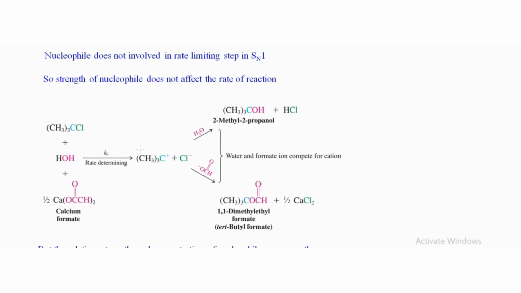So this is the tertiary alkyl halide, in the presence of water, and this is the calcium formate. The first step is the formation of carbocation. This carbocation is formed, and next the water and this formate ion are the nucleophiles, and it gives the corresponding product.